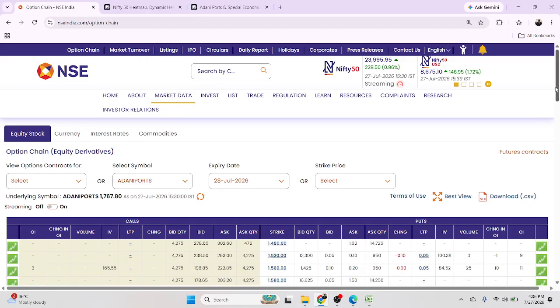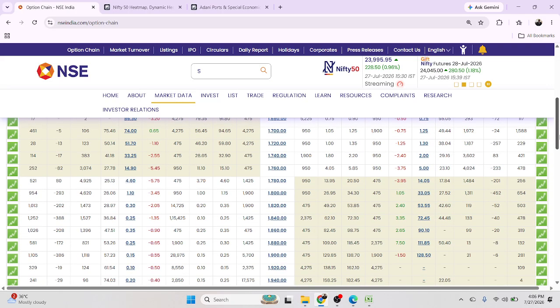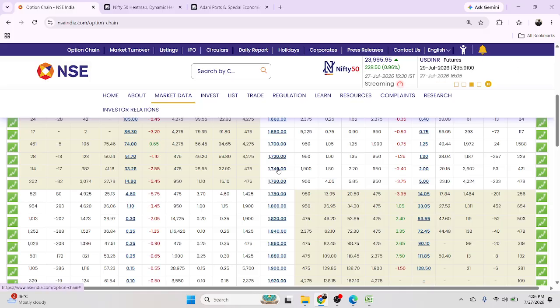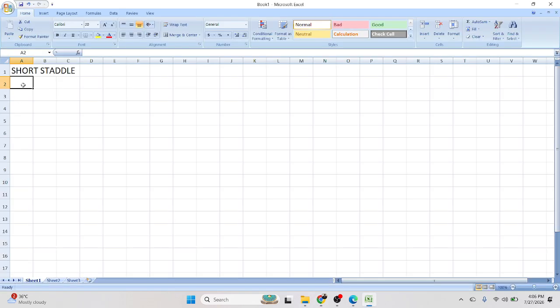Now what we have to do is choose any strike price. We can choose either this or this. We can choose this strike price, 1760.